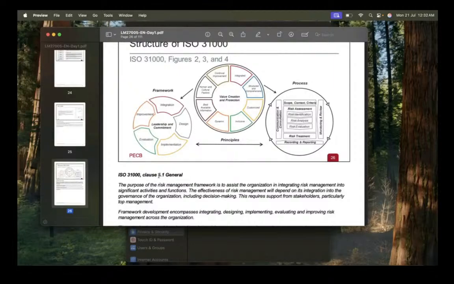For clause 5.1, the general clause, the purpose of this framework is to assist the organization in integrating risk management into significant activities and functions. The effectiveness of risk management will depend on its integration into the governance of the organization, including decision making. This definitely requires support from stakeholders, particularly top management.